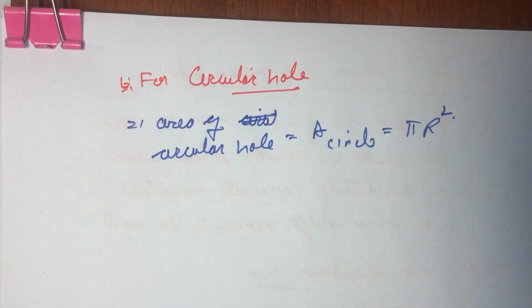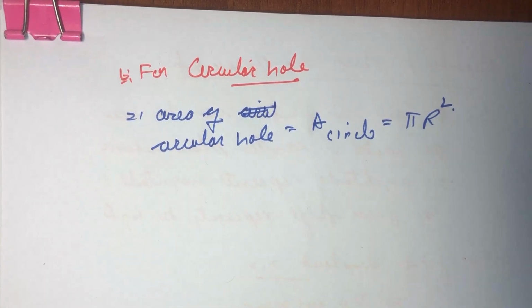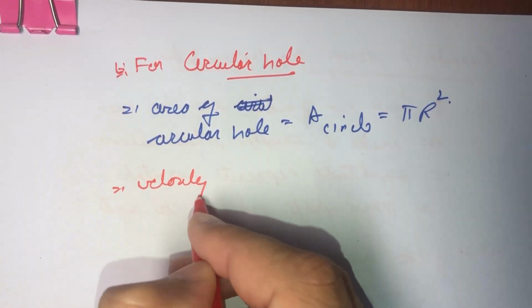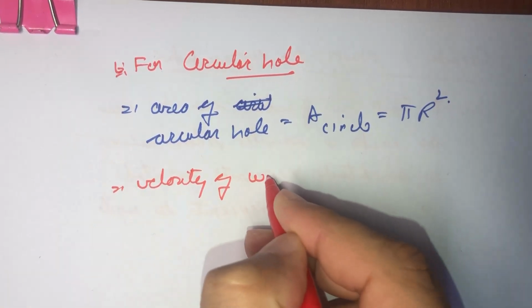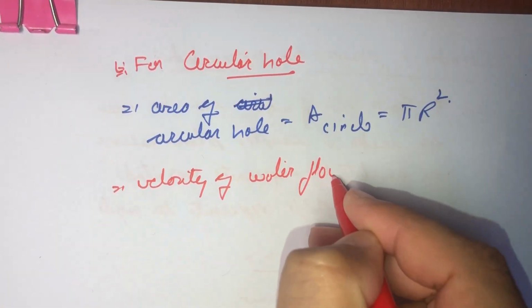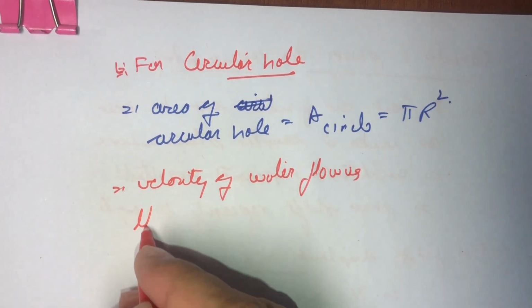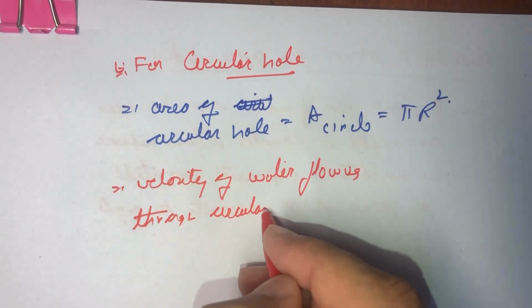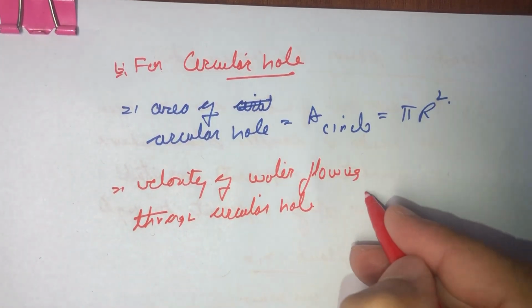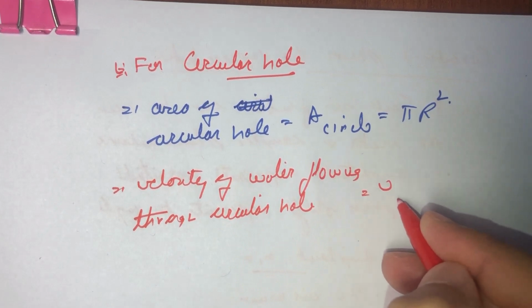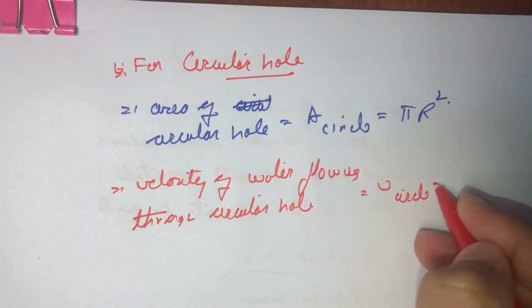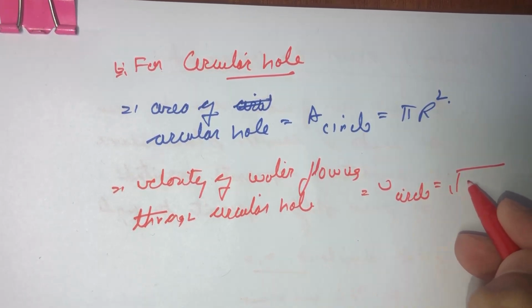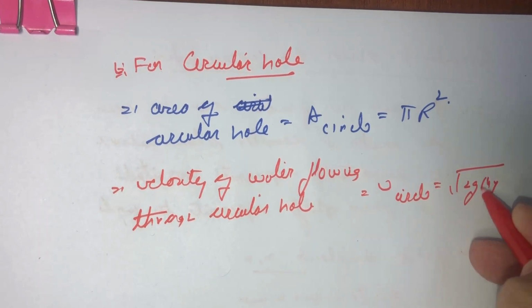And the velocity of water flowing through the circular hole, let us call it v circle, will be equal to square root of 2g multiplied by 4y.